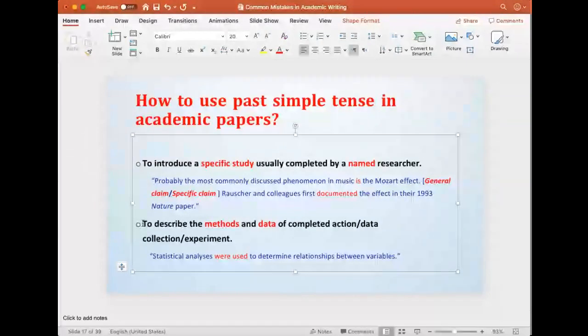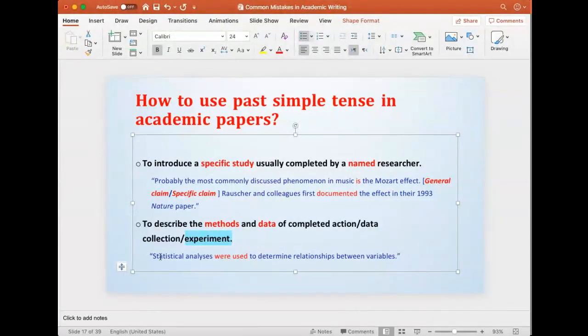The other way is to describe the methods and data of completed action or data collection or an experiment. Okay, so when we describe the methods, the data of completed action in our paper, and the data collection during the process itself, what happened, and the experiment, we use the past simple because we already performed that.